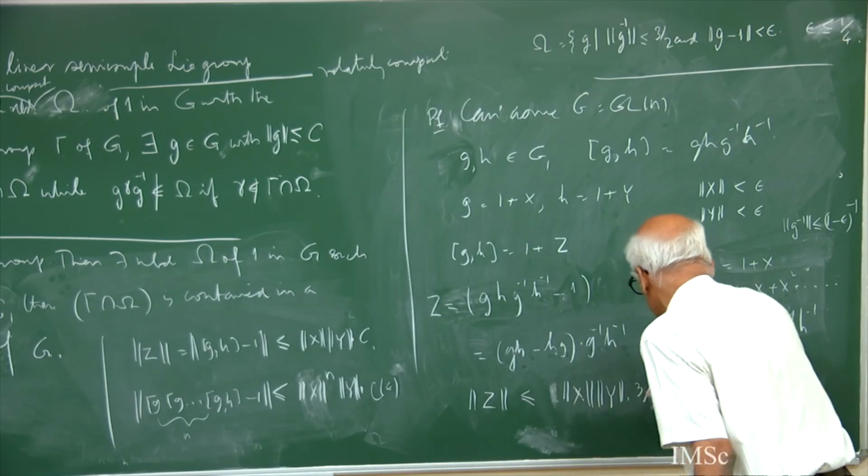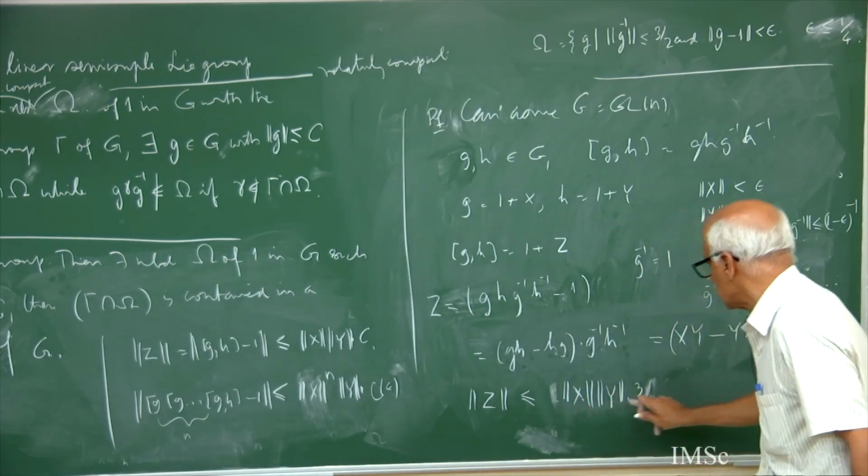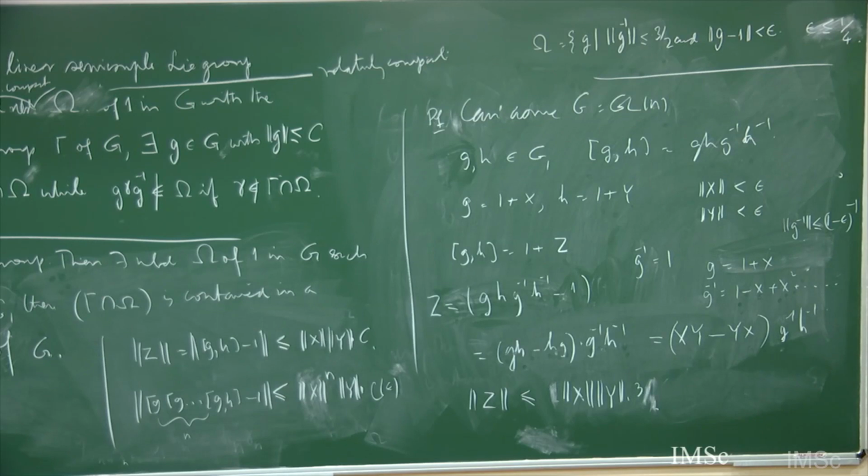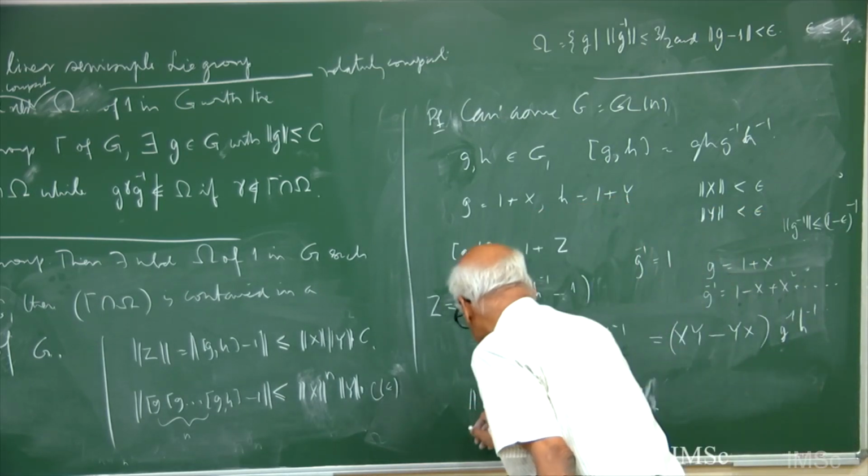So norm z is going to be less than norm x, norm y times 3. Repeat this. Take one more commutator with this, for instance.